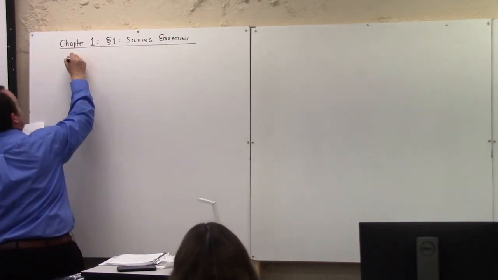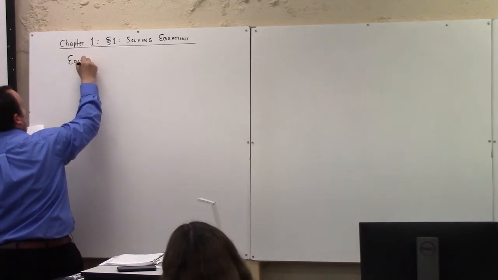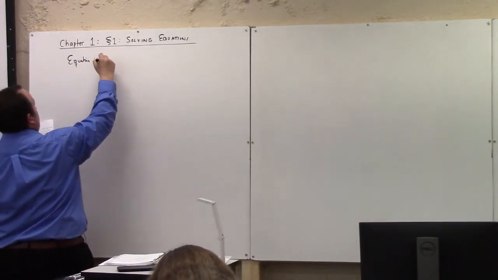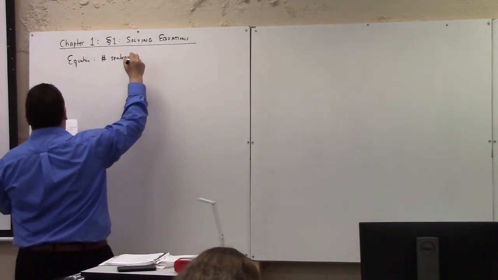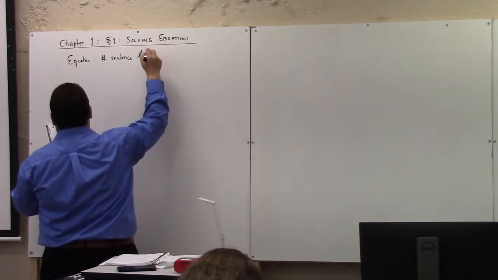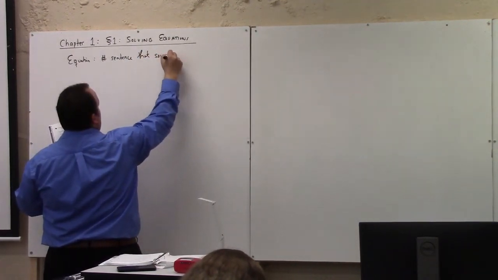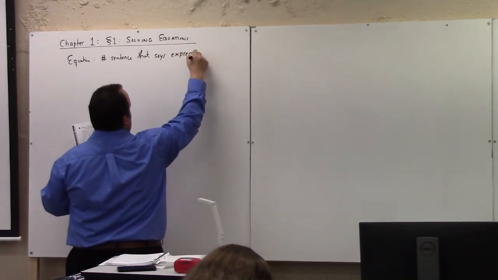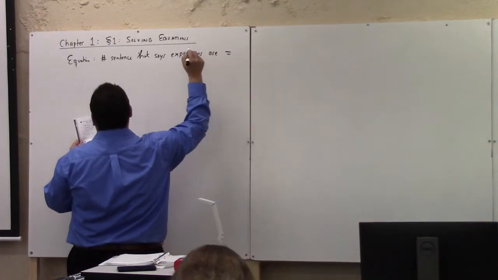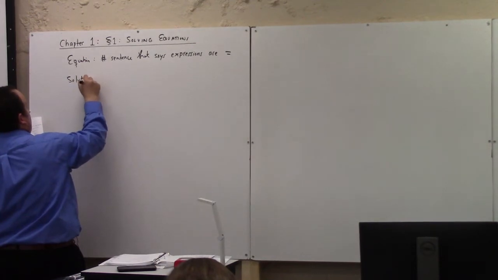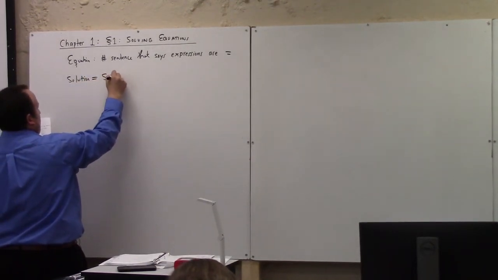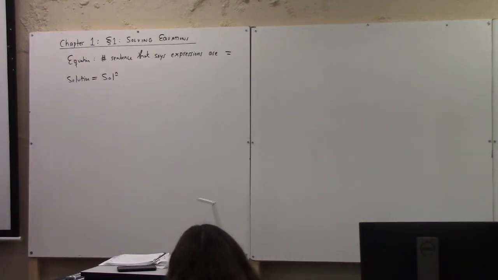So an equation, it's a number sentence that says expressions are equal. A solution, so by the way, I like this abbreviation for solution, because sometimes I don't like to write out the whole word, so I just write SOL with a little n, that's just my shorthand for solution.